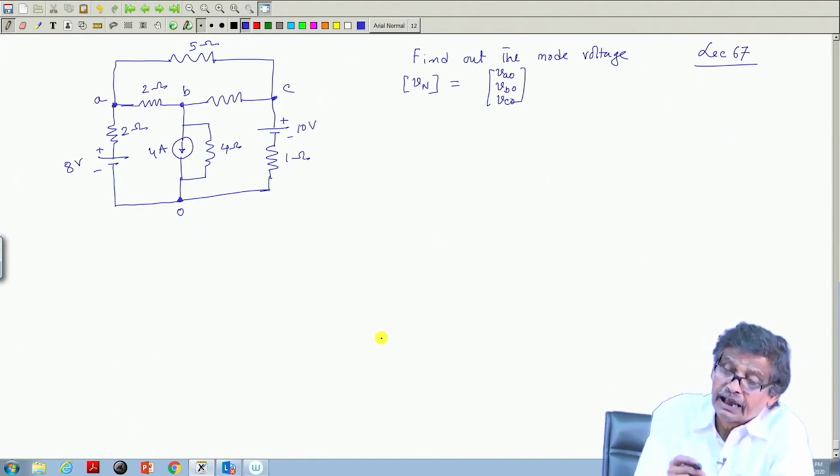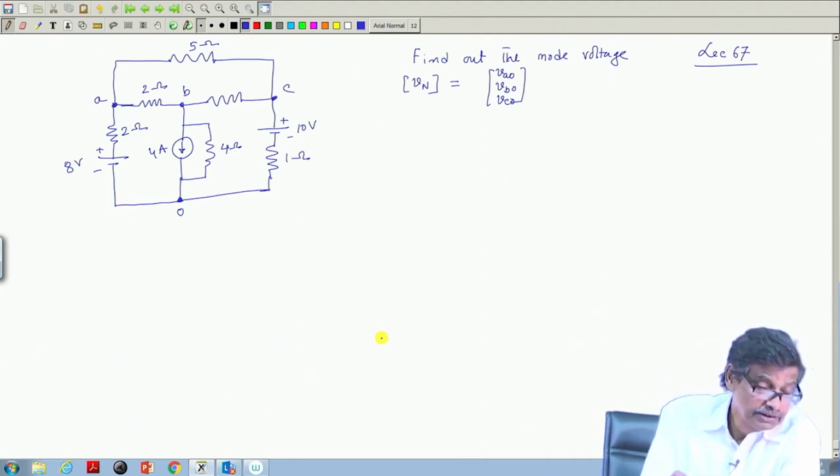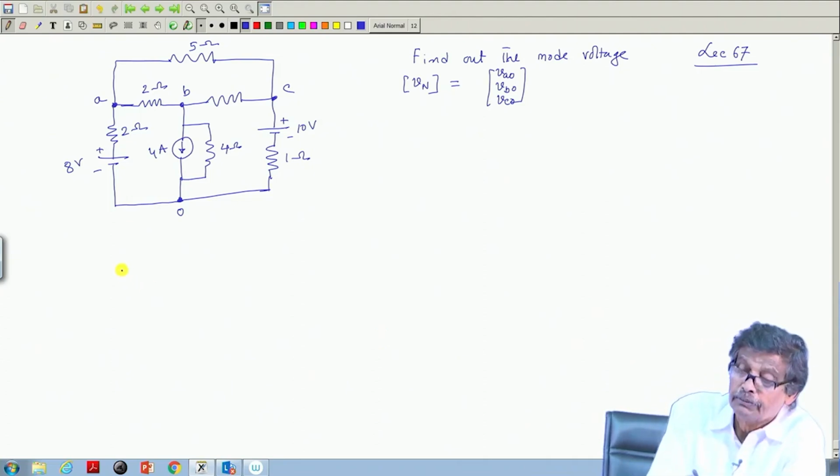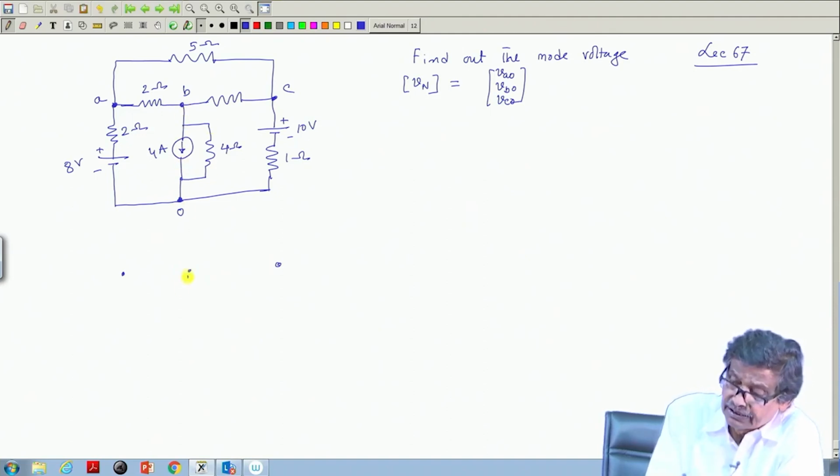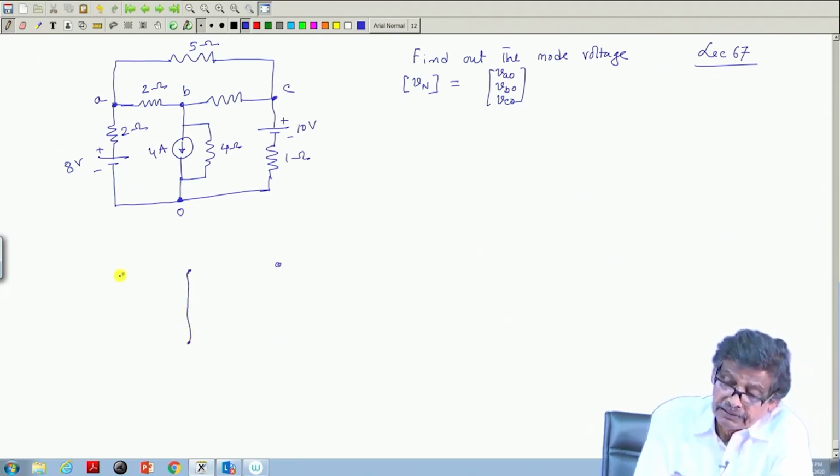So, first thing is I have to draw a graph of this network, which will be like this. This thing you see, this is a branch where the current source resistance. So, this I will show by a single line. This also I will show by a single line.